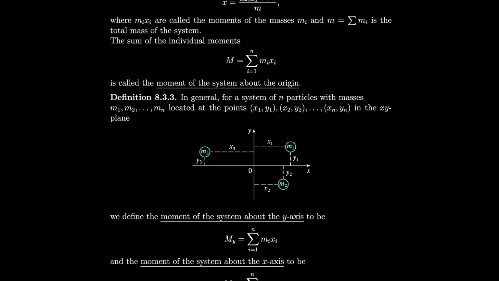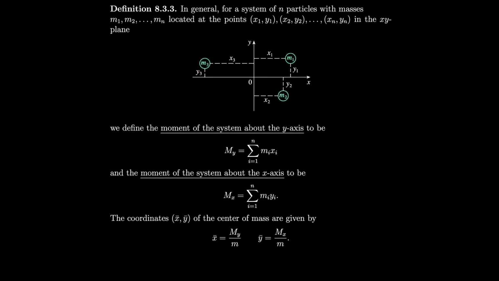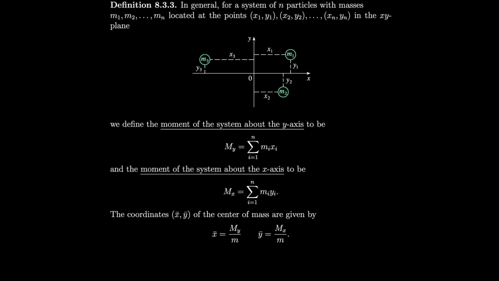What about if we have a system of particles located in a two-dimensional space at all of these different points? Well, then we can still define our moments. In this case, we define moments of the system about the y-axis and about the x-axis, and we do that separately. So the moment about the y-axis is the sum of all of the masses of all those points times their distance from the y-axis.